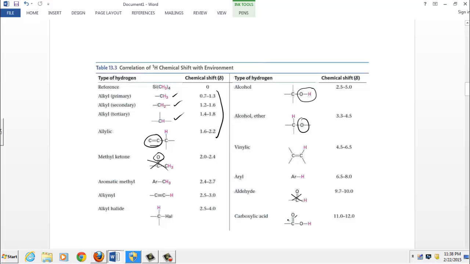And here's some pi bonds to these oxygens. Okay, so maybe the sulfur could be a thiol group or a sulfide group. And maybe the chemical shifts might be in this vicinity. However, oxygen is more electronegative than the sulfur, and it's electronegativity that's shifting the peaks downfield, so maybe they're not going to shift. The sulfur atom may not shift the hydrogen as far downfield as 2.5 to 5 or 3.3 to 4.5. We're going to have to be a little lenient.